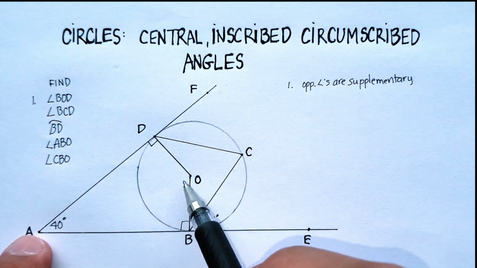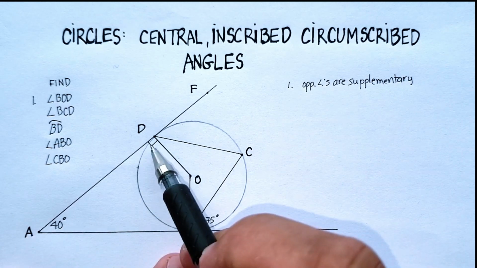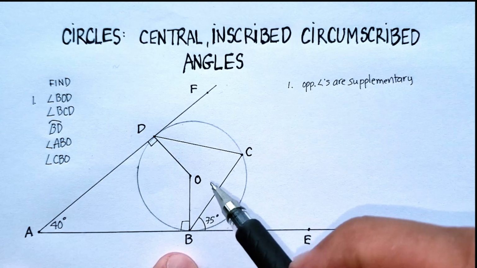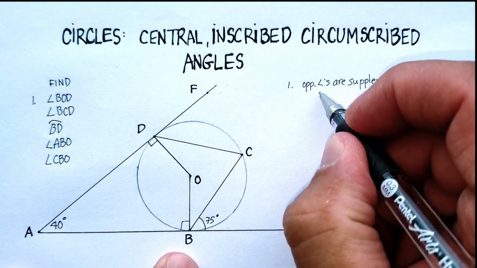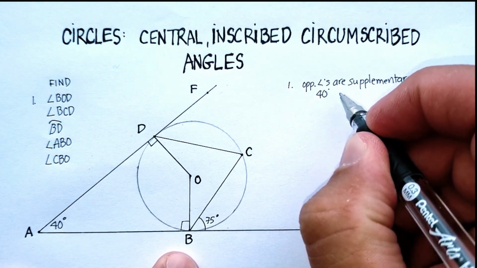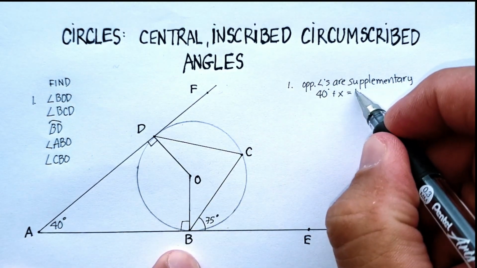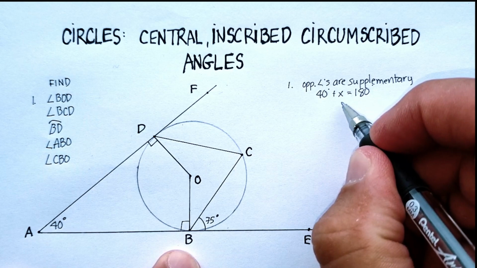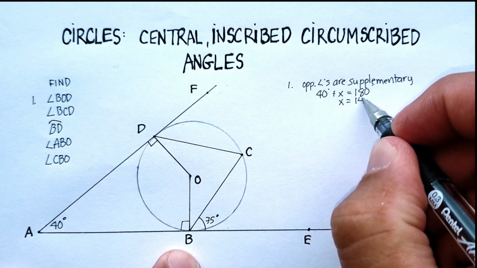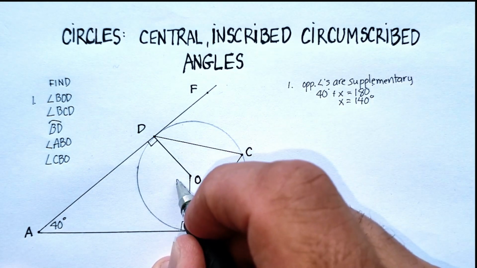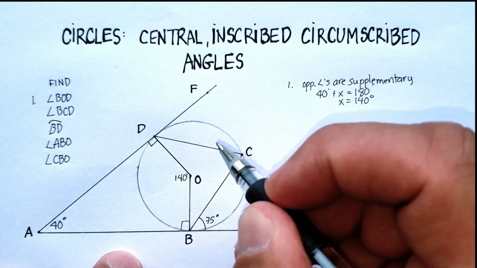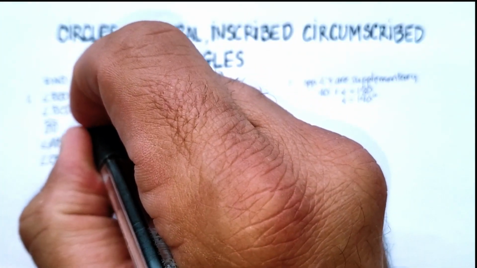So opposite there, which would mean that BOD is equal to 140 degrees. And we know that because 40 degrees plus our unknown angle is equal to 180. Subtract from both sides and you get 140 degrees. So our first answer is done.